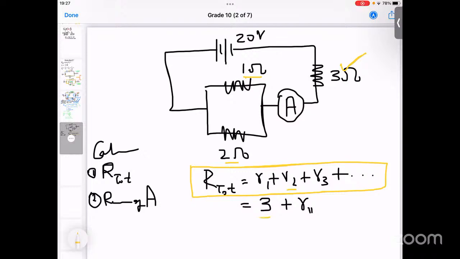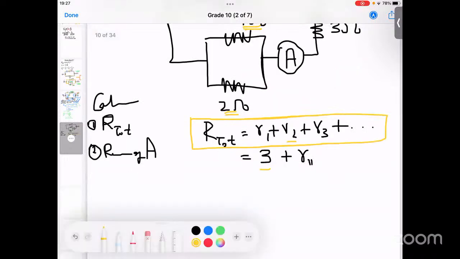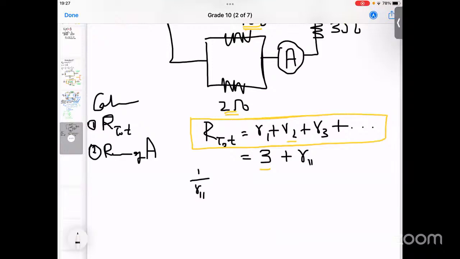So I need to convert this parallel connection into a series connection. How do I do that? That's when you use the formula for the parallel, which is 1 over R parallel is equal to 1 over R1 plus 1 over R2.